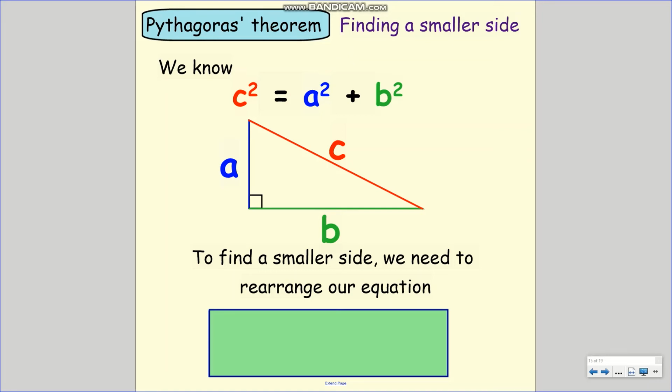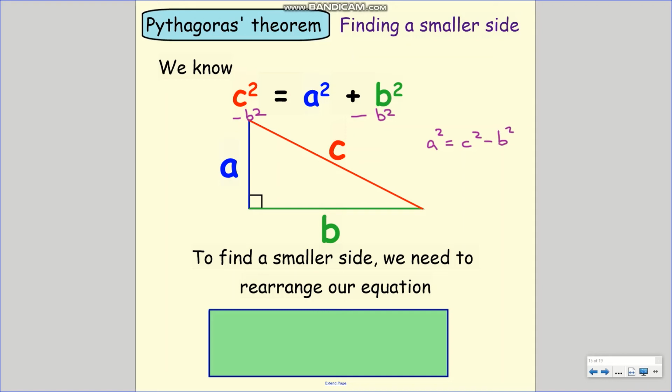So what I'm going to do is take away B squared from this side of the equation, and I'll also take away B squared from this side of the equation. That'll leave me with A squared on its own is equal to C squared minus B squared.